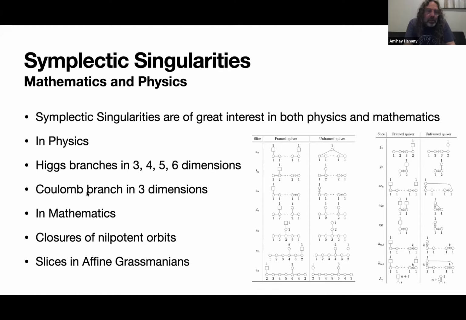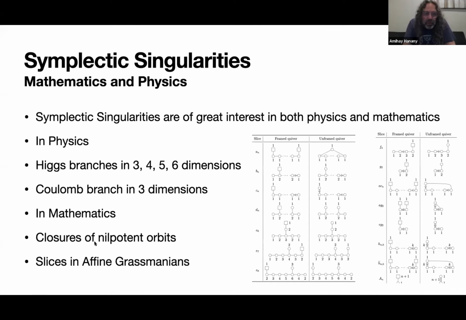So they are also showing up in Coulomb branches of 3-dimensional N=4 theories. In mathematics, they are also quite popular in certain circles of representation theory and algebraic geometry.